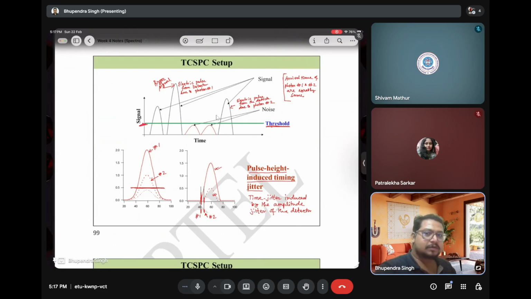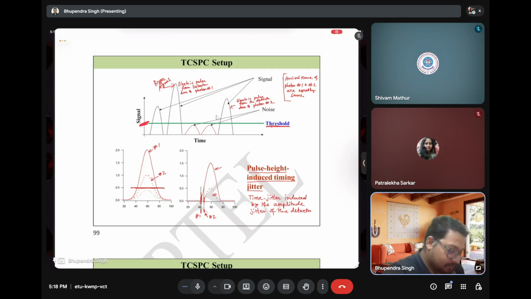We are considering that these signals below are from the thermal noise. So we are giving the threshold till here. Above this signal, we consider that these are from my sample. Below this, it is only noise.